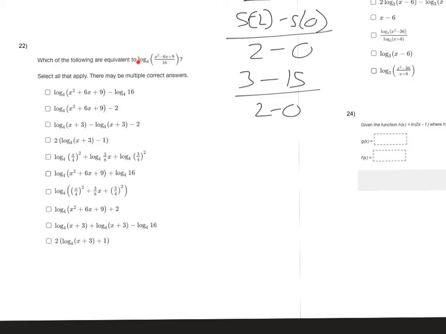And we know that we can break one logarithm with a fraction into 2 separate logarithms separated by subtraction. So I'm going to have log base 4 of x squared minus 6x plus 9 minus log base 4 of 16. And how nice, that's option 1.